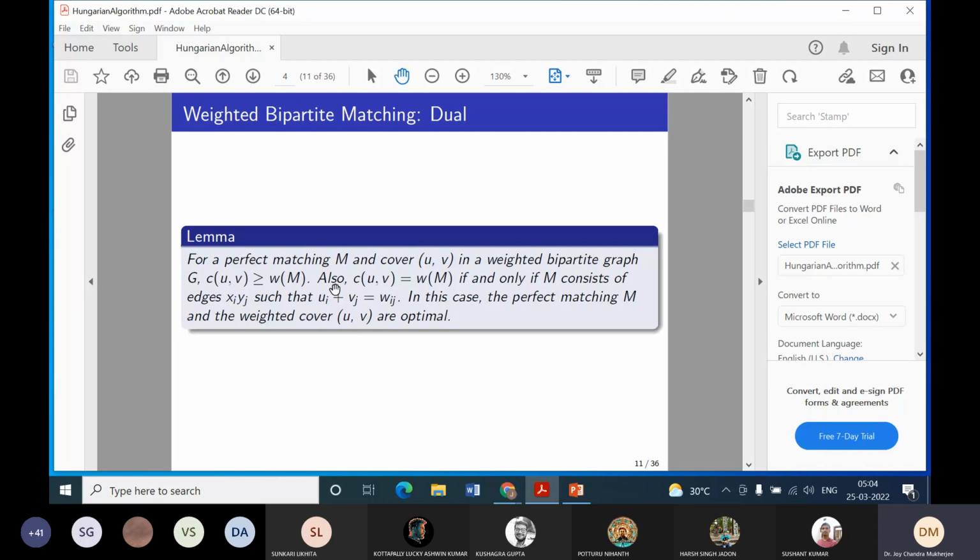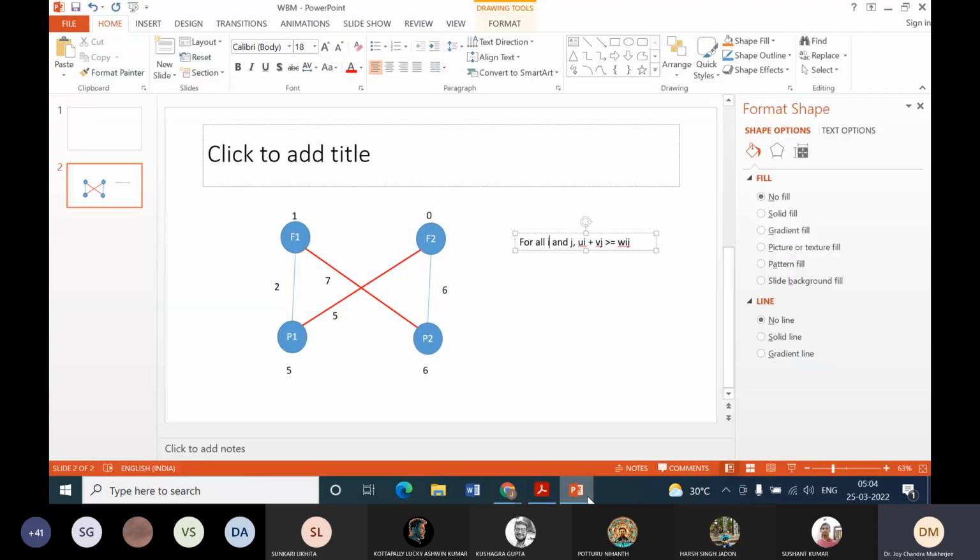And it will be equal if and only if the matching consists of the edges xi, yj such that ui plus vj equal to wij. Okay. And so it is only true for matching edges. ये जो matching edges है देखिए 5 plus 0 equal to 5, 6 plus 1 equal to 7. Okay, so that is being written here.